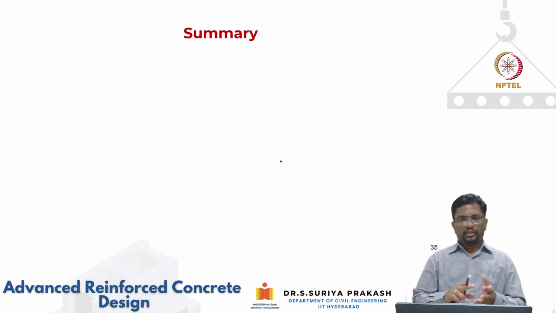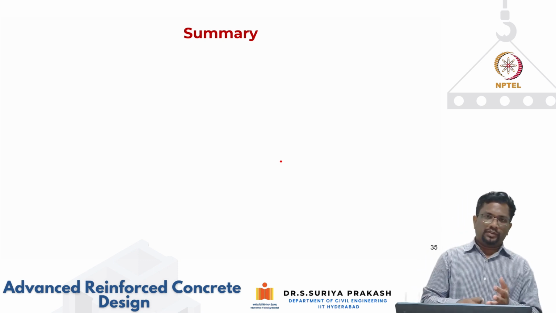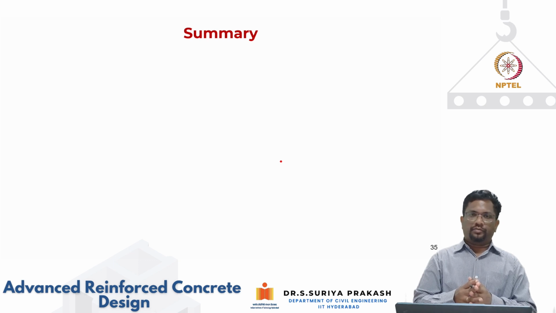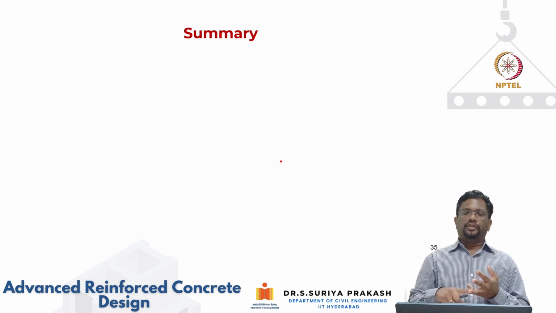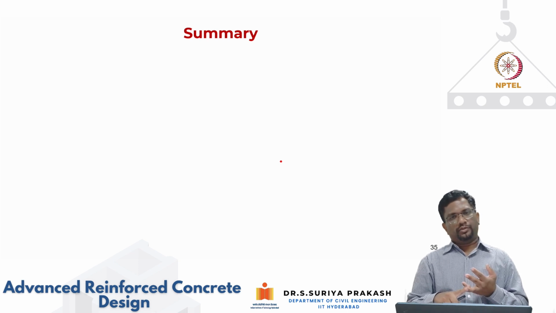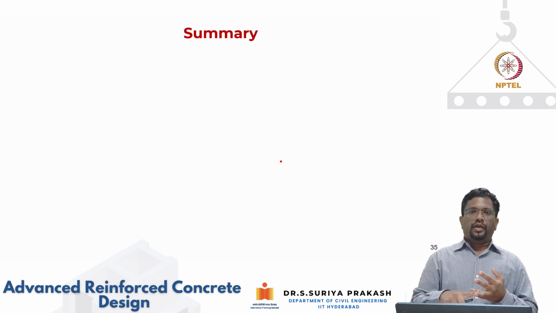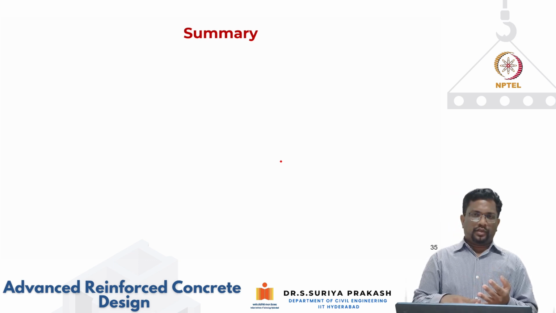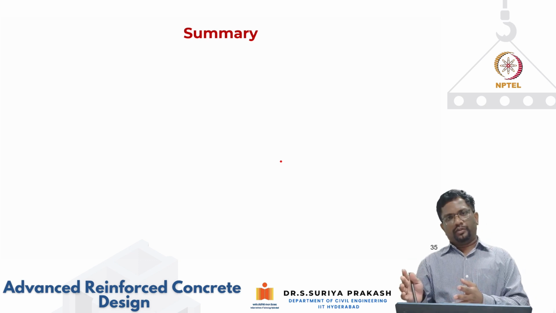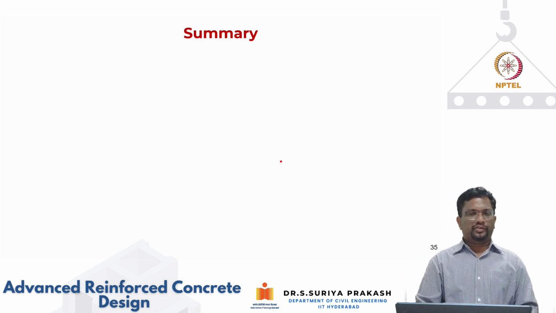In this module, we discussed the basic laws of mechanics. For any rational model to predict behavior, we need to follow the fundamental laws of mechanics: the member or structure should satisfy equilibrium, and it should satisfy compatibility conditions, which can be expressed either in terms of deformation or in terms of strains at the cross section level.